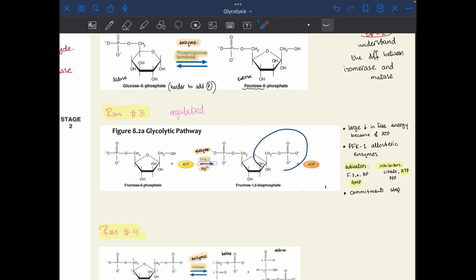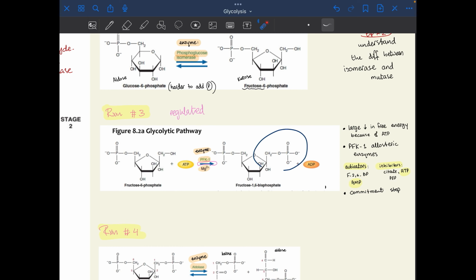So yeah, phosphofructokinase 1 is an allosteric enzyme, meaning it has activators and it has inhibitors. By the way, in glycolysis we have 3 allosteric enzymes: hexokinase, phosphofructokinase 1, and pyruvate kinase. We will talk about that later. But for now, understand that activators of phosphofructokinase 1, AMP is one of them.